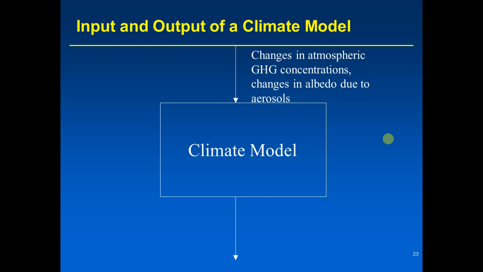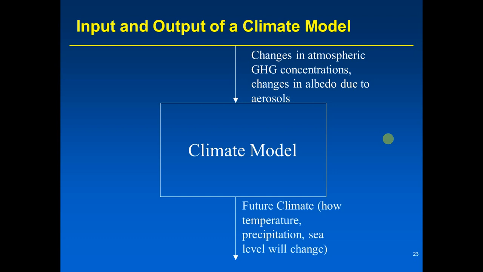Okay? What about the output of a climate model? What do you think comes out of it? Well, basically future climate, such as how temperature will change, okay? How precipitation will change, how sea level will change. And global climate models don't just show how the entire world will warm up.